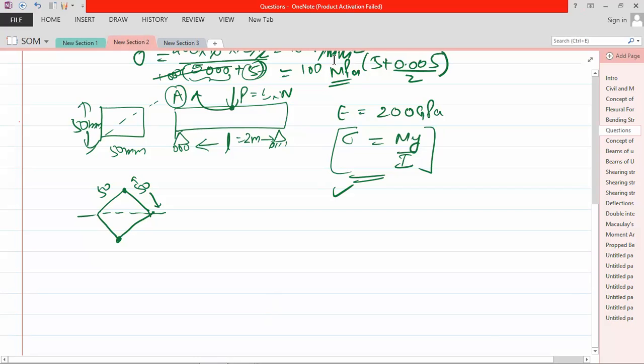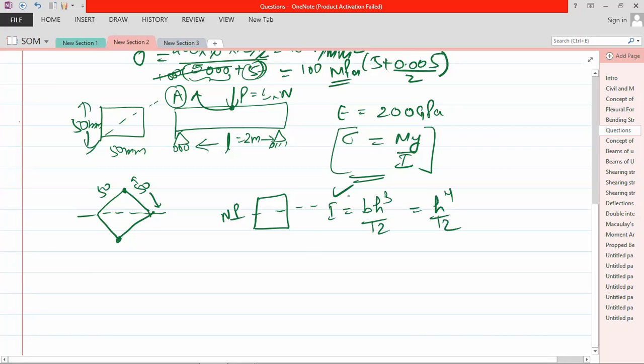Okay, I'm going to explain how I'm going to do it. First, take this cross section I just explained. Take the neutral plane. The maximum distance is 50 by 2, and I would be bh cube by 12, or you can say h to the power 4 by 12.